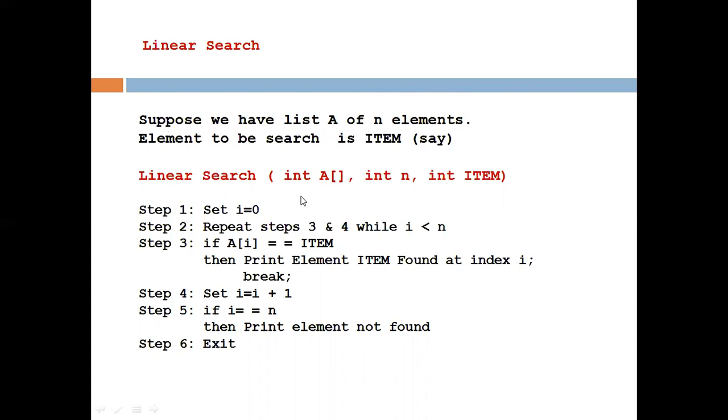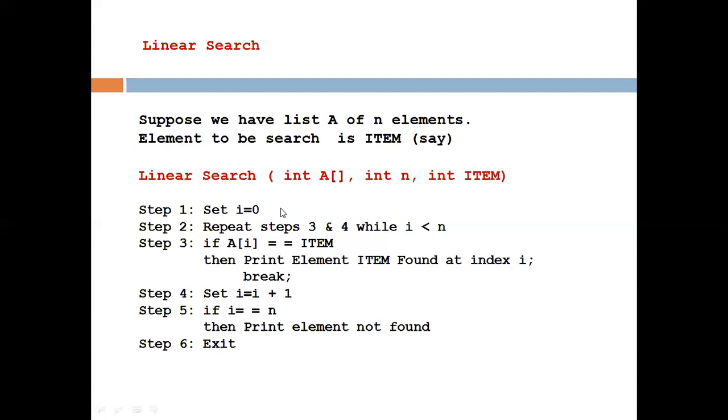Linear search is a function. There are three parameters. This is the list or array. We have used C notation here. This is the size of the array and this is the item, the element item that we want to search.